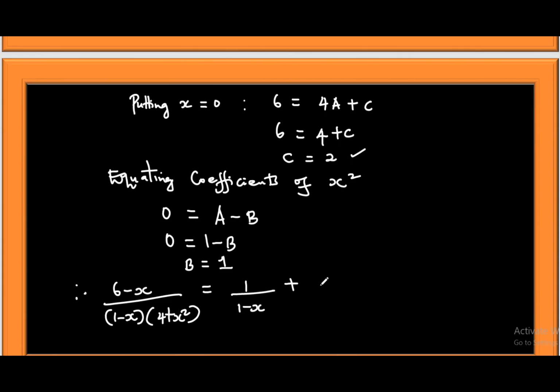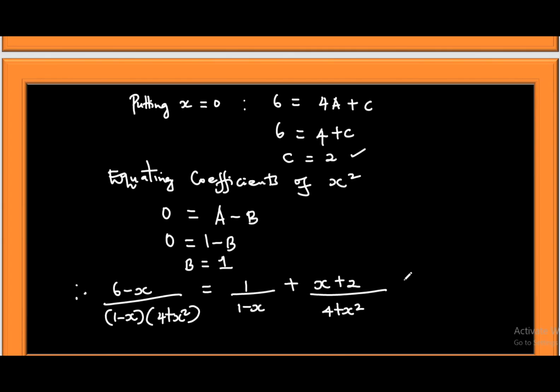But remember, we have the value of b already as 1, so it will be x, and then plus c, but our value of c is 2, divided by our 4 plus x squared.